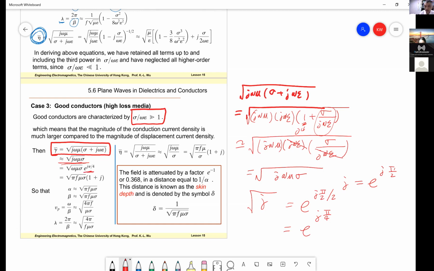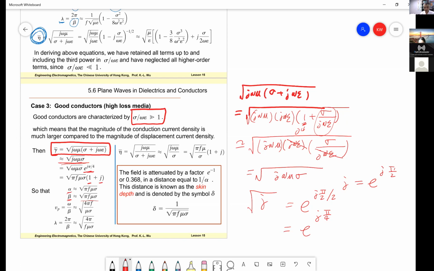We can write this in real part and imaginary part. So this is a complex number. The interesting thing is that for a high loss medium, the real part and the imaginary part of gamma are equal. That means alpha equals beta.